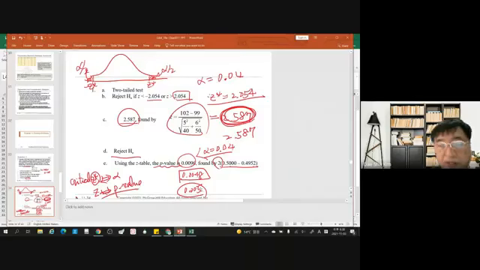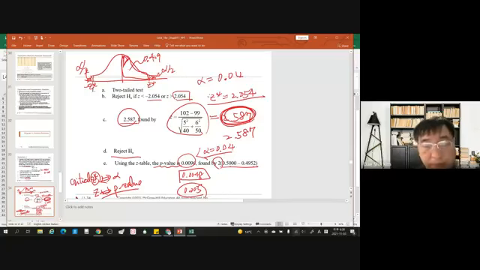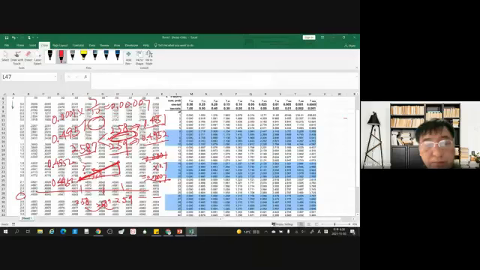And then the p-value is 0.0096, because the table shows this number 0.4951.